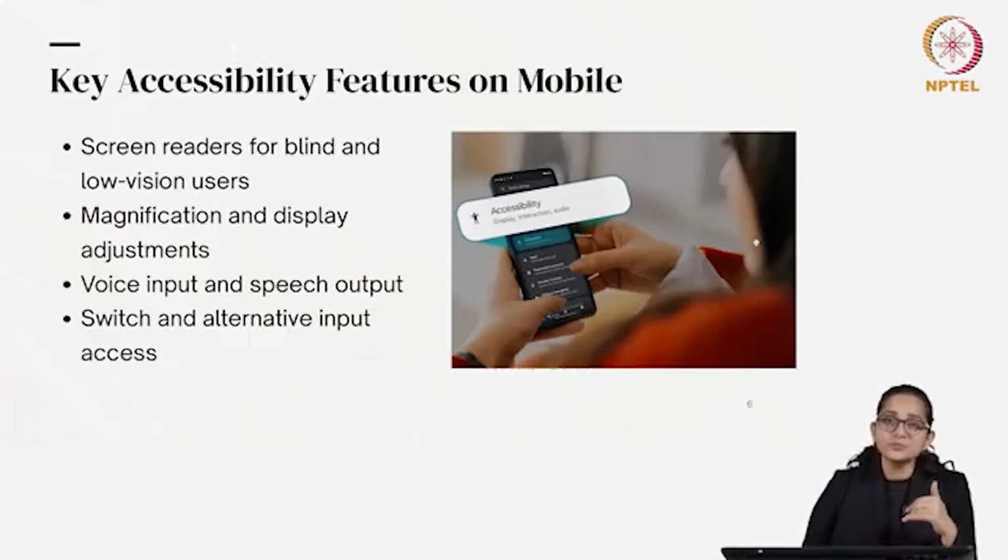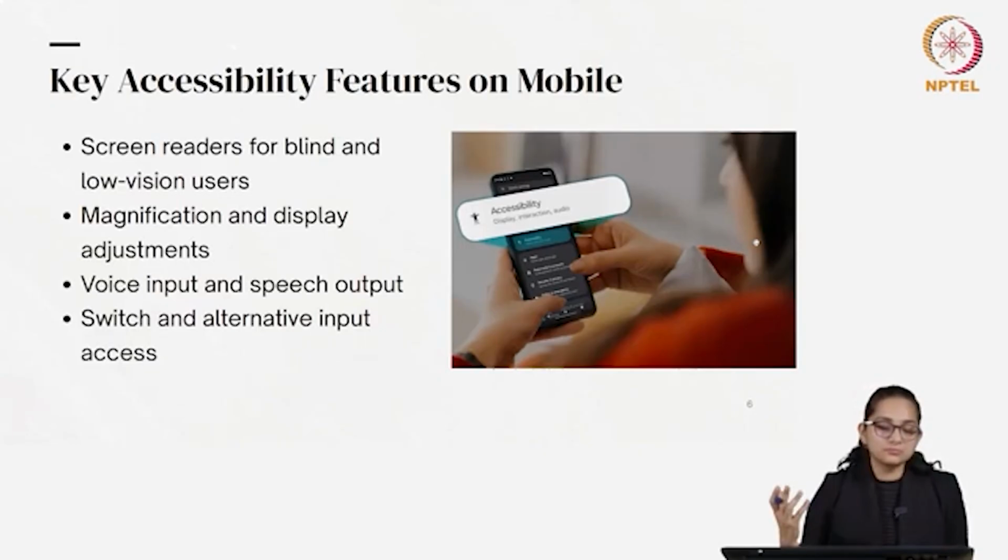Now let us talk about some of the accessibility features which are inbuilt on the mobile phone and which are very helpful for users in their day-to-day needs. One is definitely screen readers for persons who are blind and low vision, which is your TalkBack, etc. You can explore those features on your phone right now. You can go to the settings of your phone, and there is an accessibility setting.